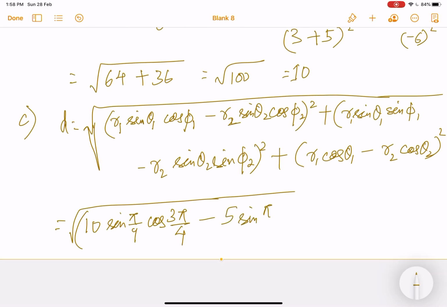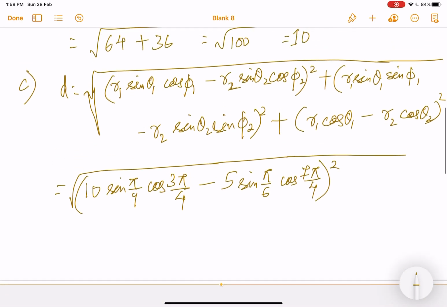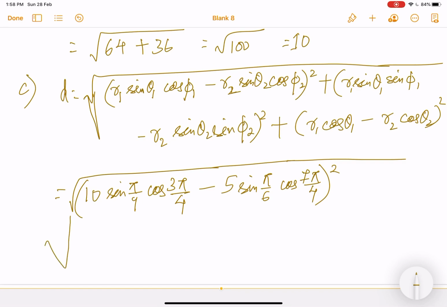sine pi by 6 cos 7 pi by 4, this whole square. Then next, let me just try a bigger one. You guys also keep doing with me. Then this is plus, it's written R1, that is 10 sine, this is pi by 4. Then this is sine phi 1, that will be 3 pi by 4.